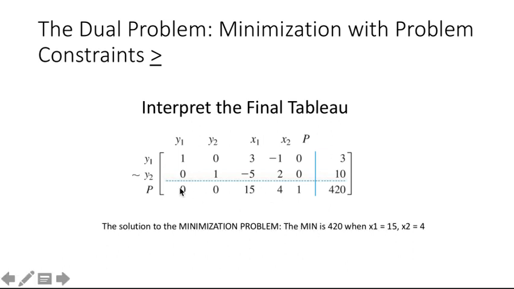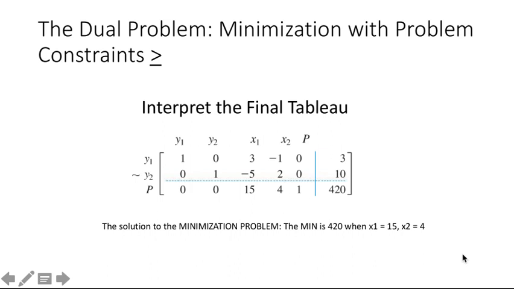The solution to the minimization problem can be found in that final row. First of all, let me point out that the minimum of the minimization problem is 420. The minimum is 420 when x1 equals 15 and x2 equals 4.